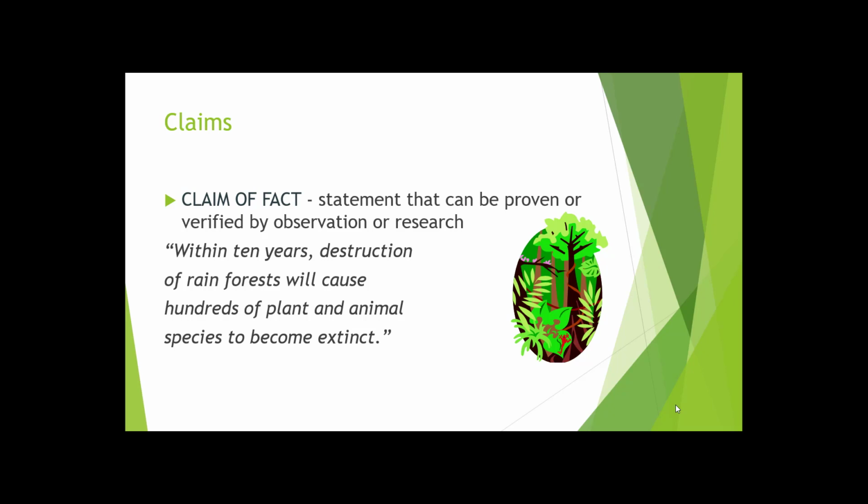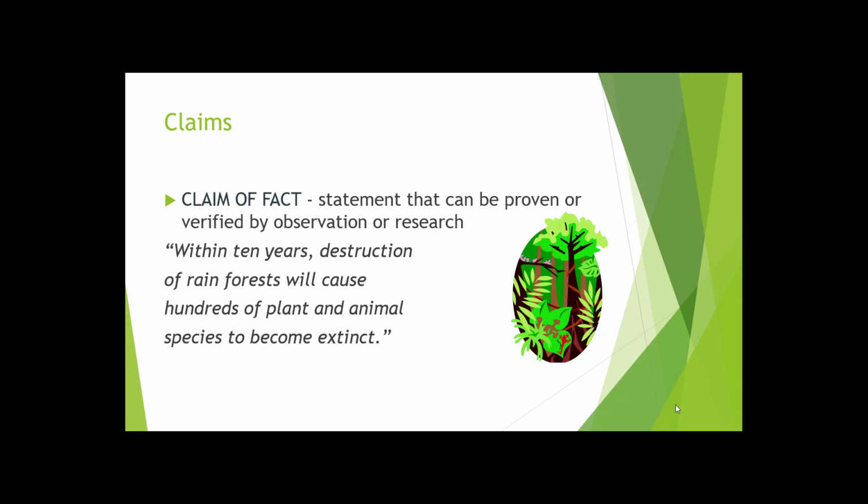For example, within 10 years, destruction of rainforests will cause hundreds of plant and animal species to become extinct. That is something that can be proven or disproven, not something that can be disagreed with by reasonable people. It's either fact, it's either accurate, or it's not.